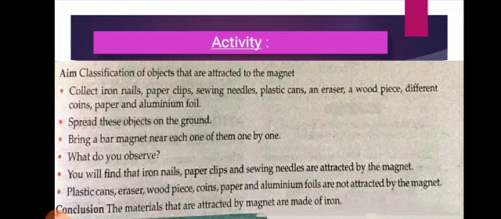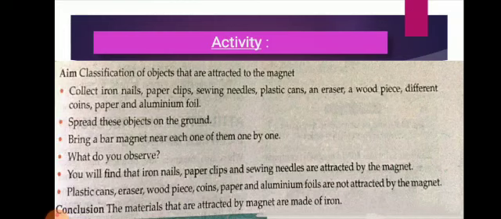What do you observe? You will find that the iron nail, paper clip and sewing needle are attracted by the magnet, and plastic can, eraser, wood piece, coin, paper and aluminium foil are not attracted by the magnet. So, materials that are attracted by magnets are made of iron.